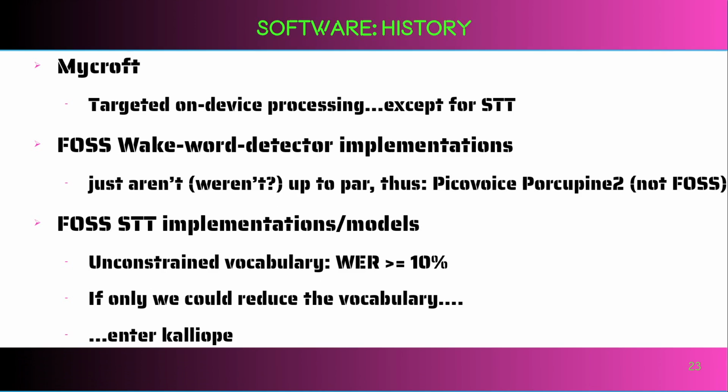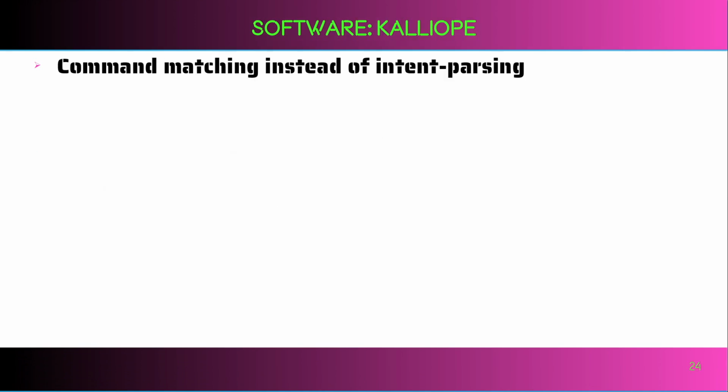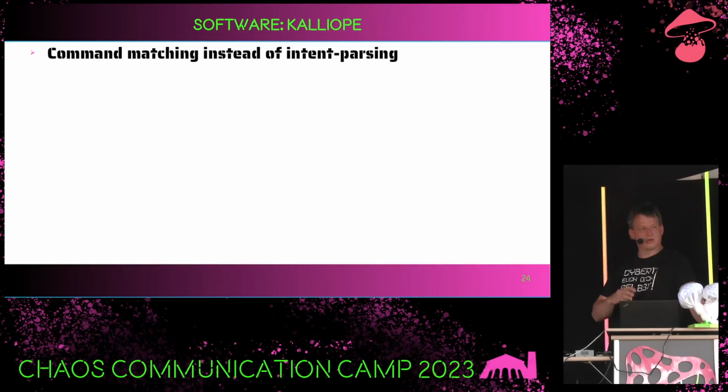And that's what Calliope allowed us to do, because the biggest drawback of Calliope is that it does no intent parsing. It does essentially string matching. So you have to configure all variations of the commands that you want to react to. And that's rather bothersome, but because we do that, we have a known vocabulary.